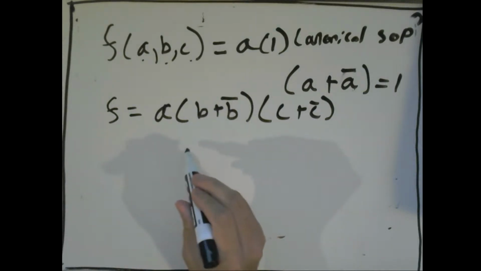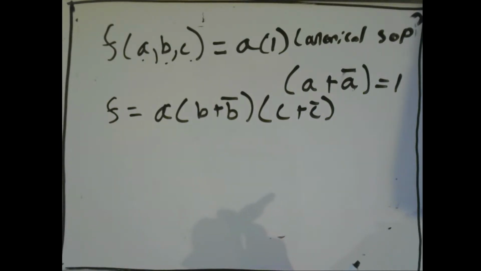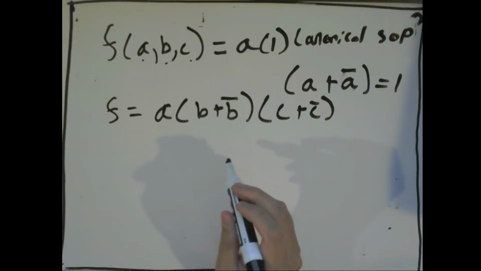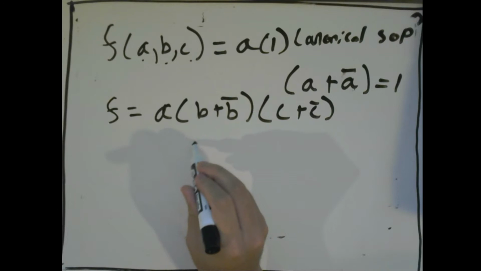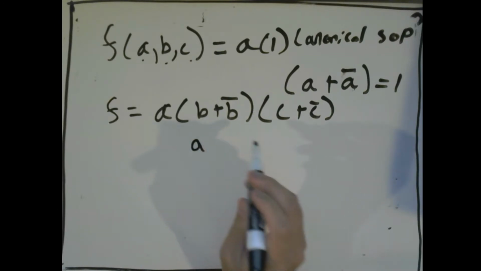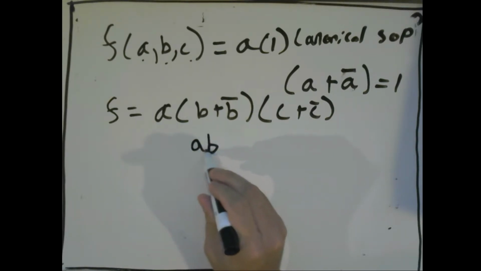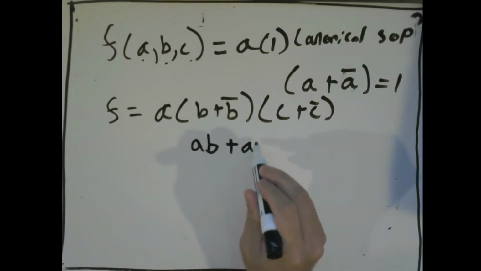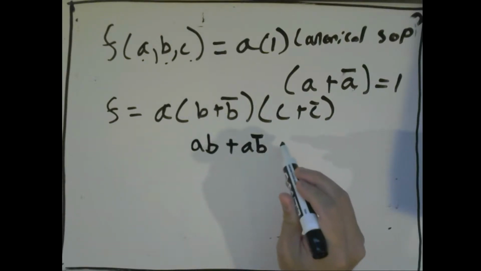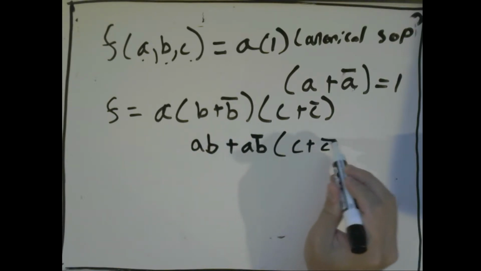If I do this distribution first, I have A B plus A B naught, and then C plus C naught right here.